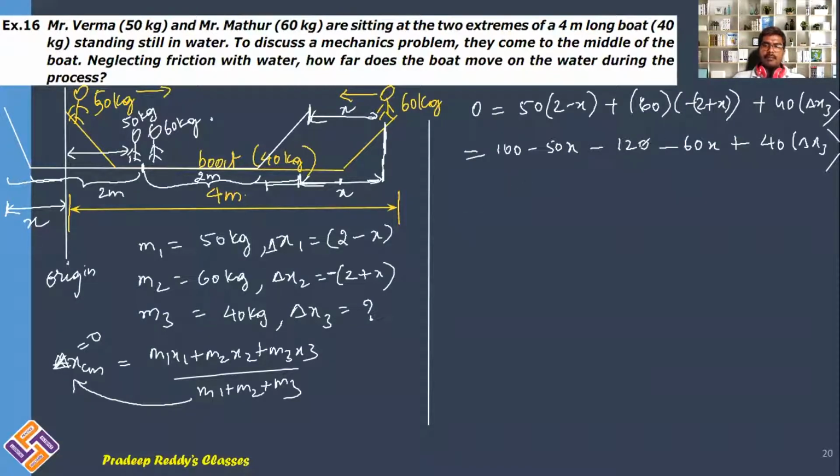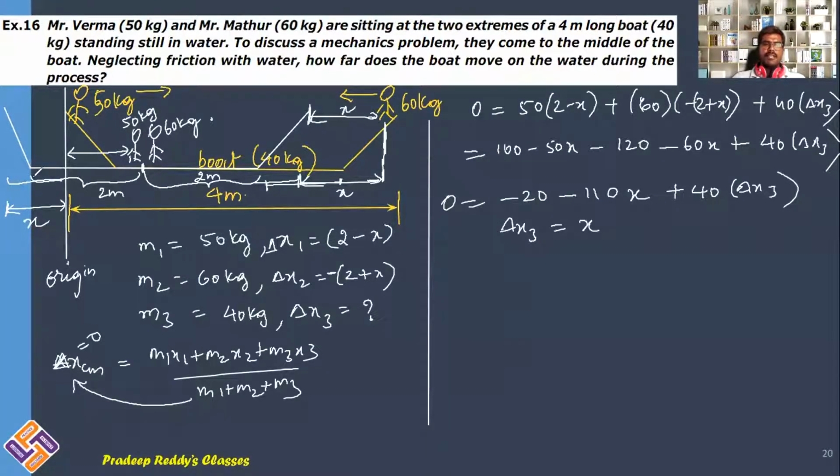This is 100 minus 120, it is minus 20, minus 50 minus 60, minus 110x, plus 40 into delta x3 is equal to 0. Now bring these terms to the other side. So delta x3 is equal to x.